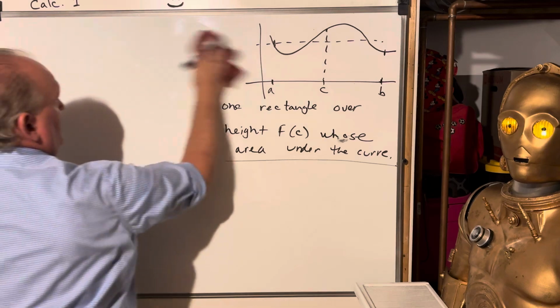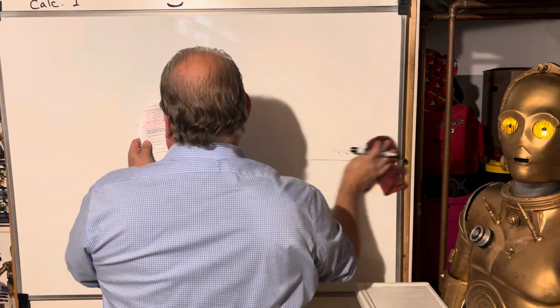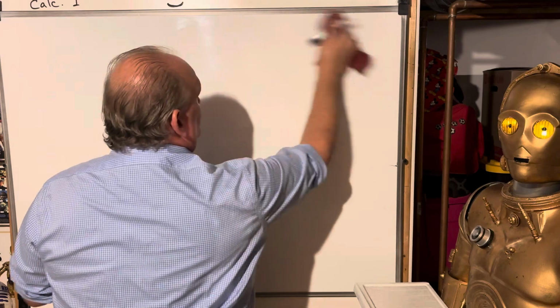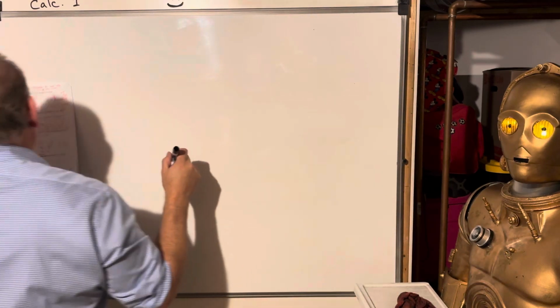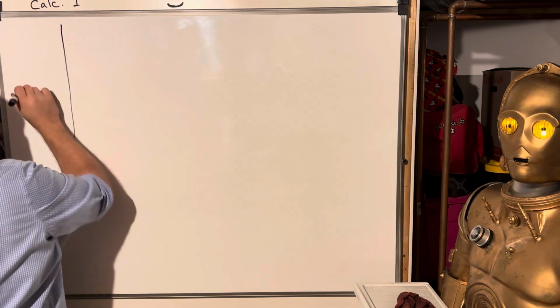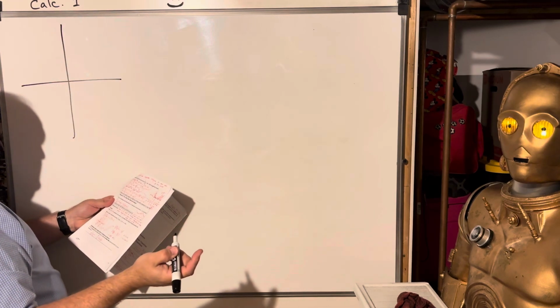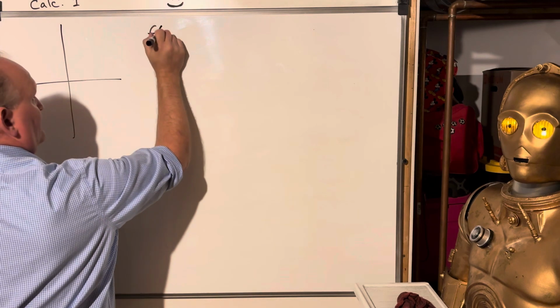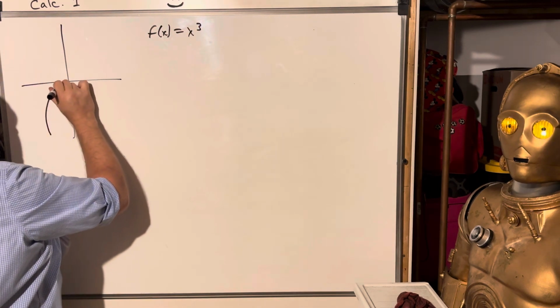So this is page 19, chapter 5, the mean value theorem for integrals. Lots of fun. All right, so remember what f of x equals x cubed looks like. That is a third degree, so it kind of goes like this.